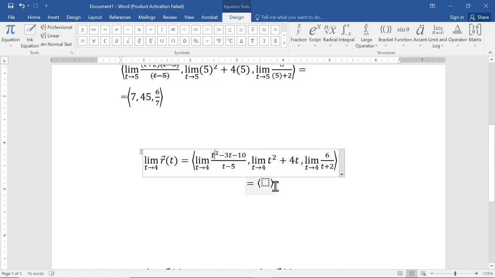So when you plug in 4 in for t, we get 4 squared minus 3 times 4 minus 10 divided by 4 minus 5.